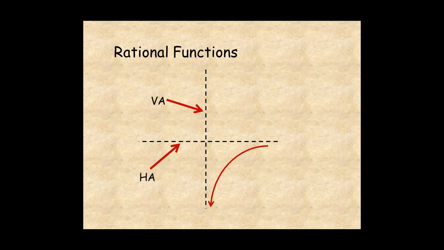If you calculate some points, you can find out. If you calculate some points up here, you know the graph is going to sweep up. And if the points are down here, you know the graph is going to sweep down. So to graph a rational function, you have to find some points.